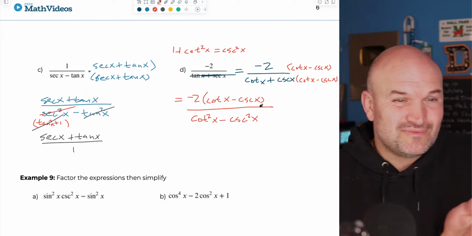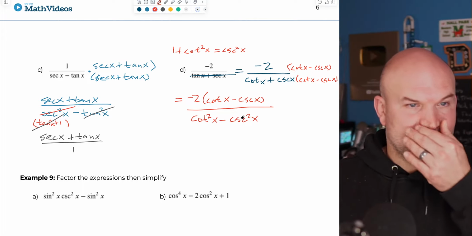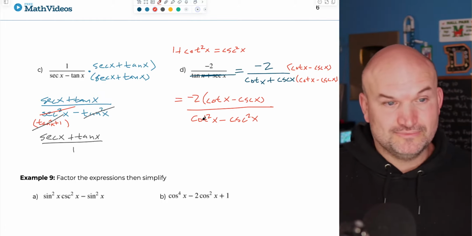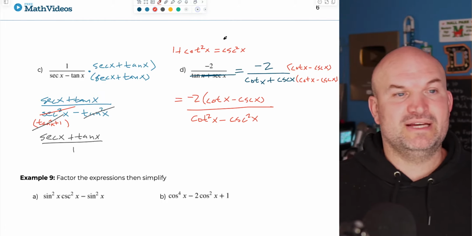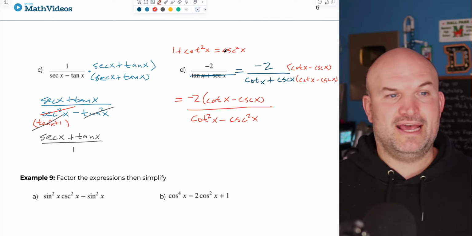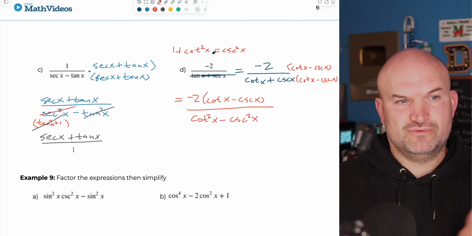And again, kind of like what we were doing over here, ladies and gentlemen, let's rewrite the cosecant in terms of cotangent. To do that, I can subtract the 1 on both sides, and that would be, no, I already have this. Why don't we just rewrite this cosecant in terms of cotangent, which is right there.